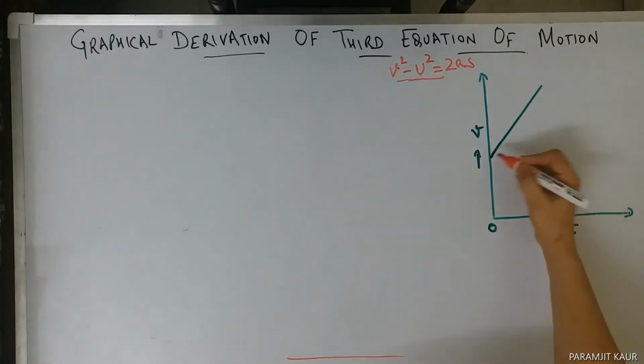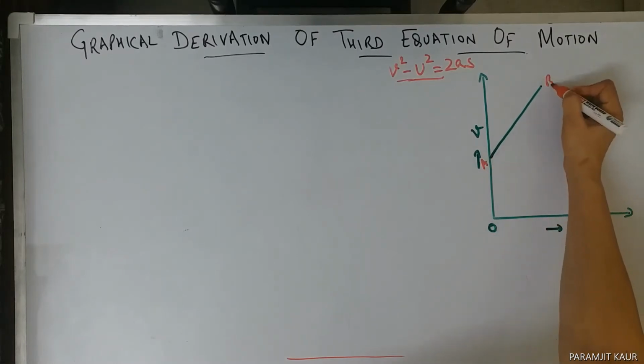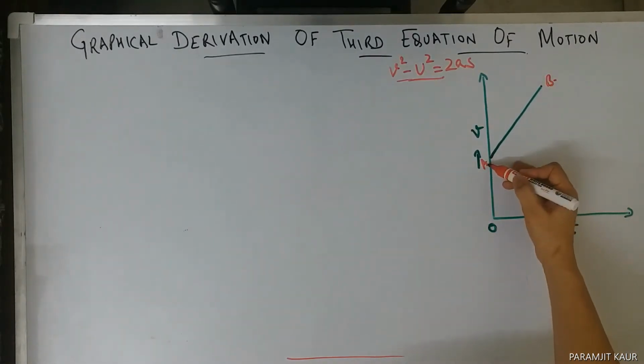Now let me name the graph as AB. Point A is the initial point.